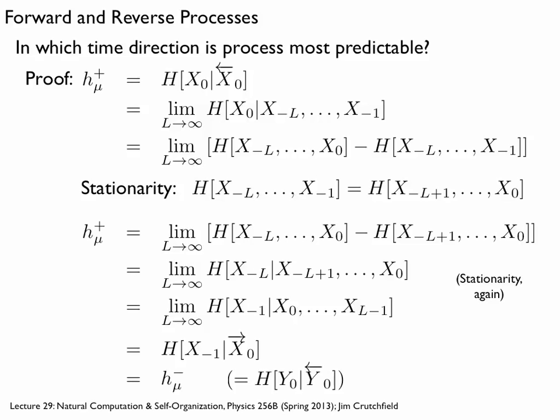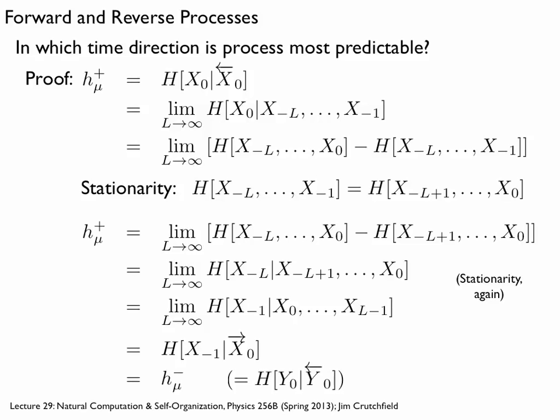But what I've done now, I've shifted this up. So this goes from 0 back to minus L plus 1. This one goes from 0 back to minus L. Now, x sub minus L is left out. Therefore, by that heuristic, but it's just an information identity, the difference between these two blocks is this conditional entropy, the uncertainty in the earliest variable given the following L minus 1 symbols.